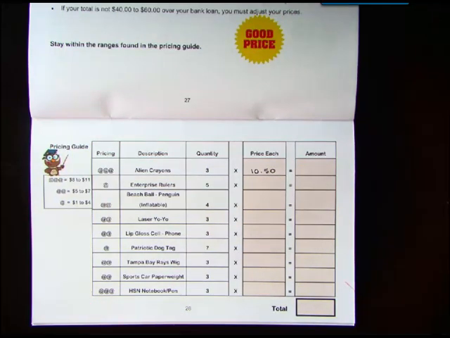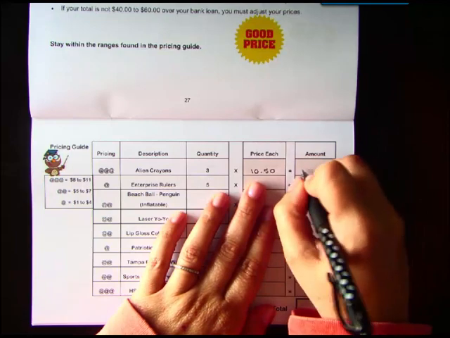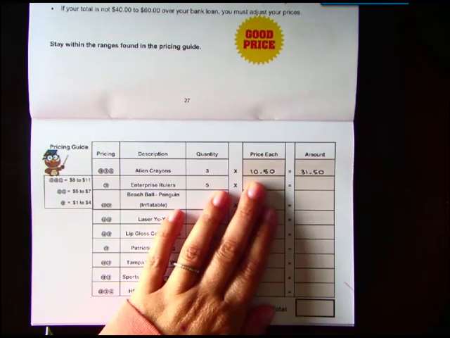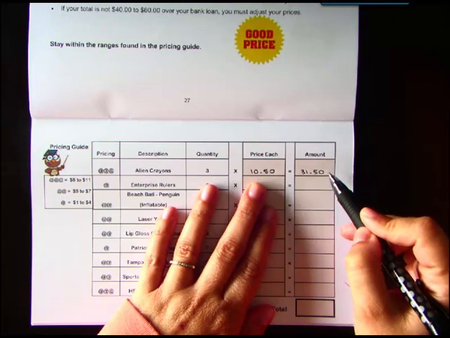Now I have three of these, so to find out how much money the Alien Crayons would bring in if people bought them, I'm going to do the multiplication of 3 times 10.5, and I get $31.50.